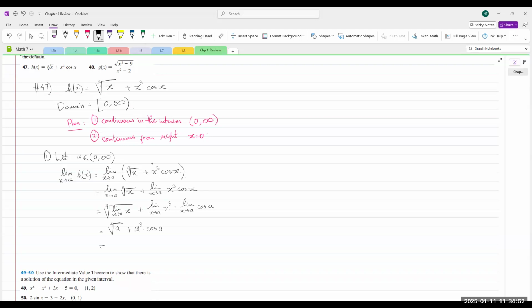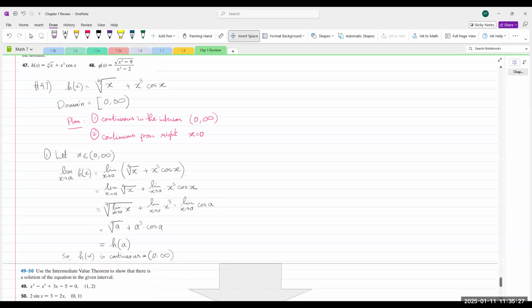But this is just the same as h(a). So from here we say the function is continuous on the interior, because we choose any a in that interior, and this works, which means any element in this interior is continuous. The function is continuous on that interior.